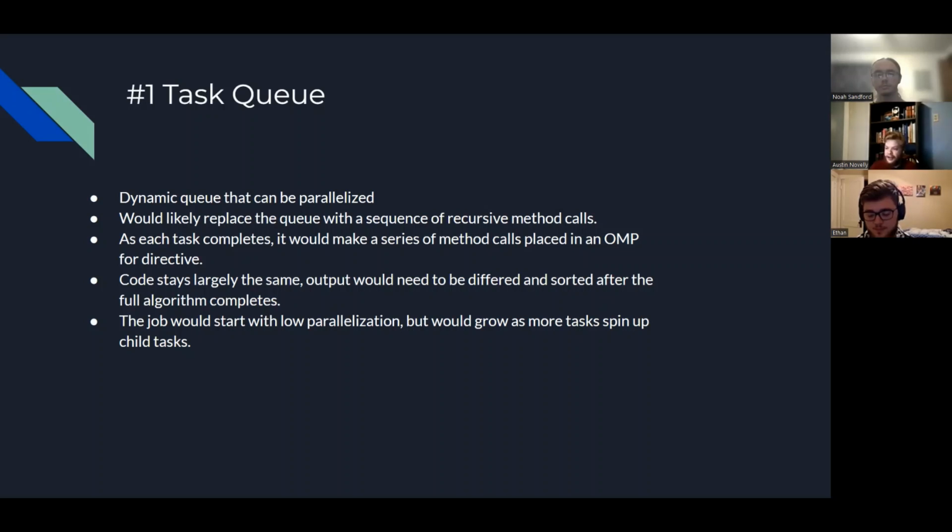And then at the end, after everything's completed, we will retrieve that buffer, sort it, and spit it out to an output folder. But it is probably going to be our best approach, and we'll start in a single thread and then just grow and grow and grow, and then reduce once it reaches that critical point.